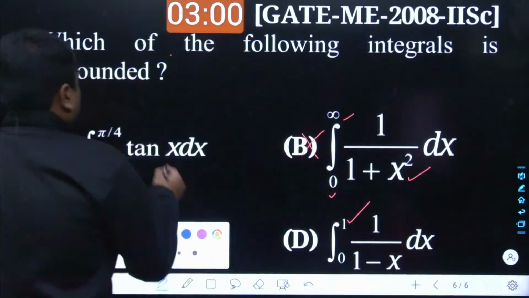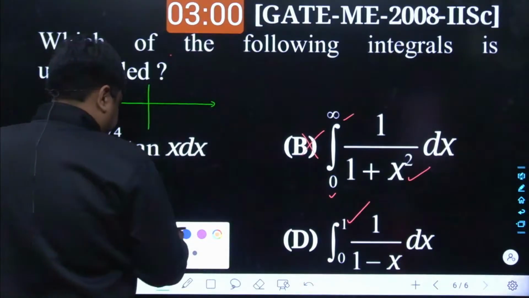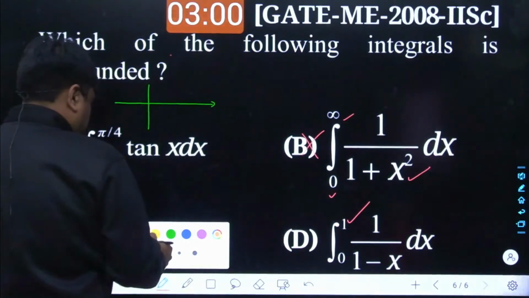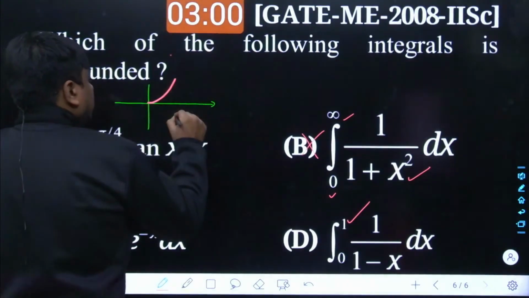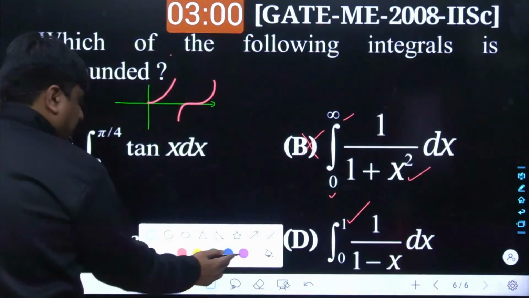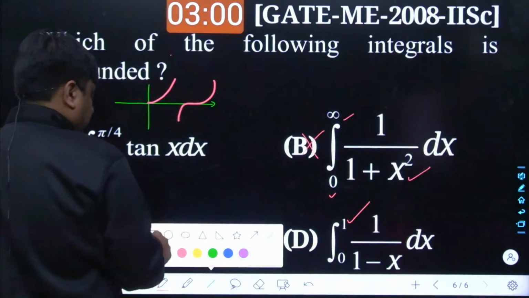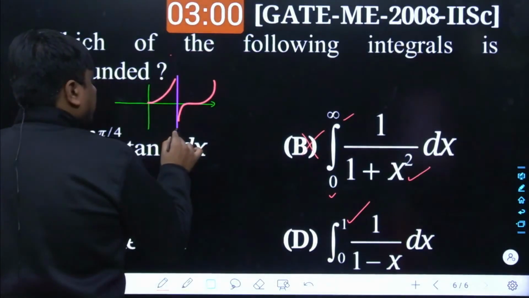The structure of tan x looks something like this. Here comes x equals pi by 2.